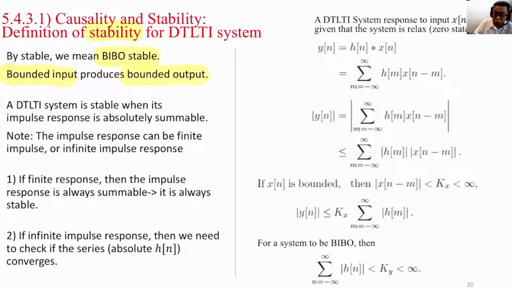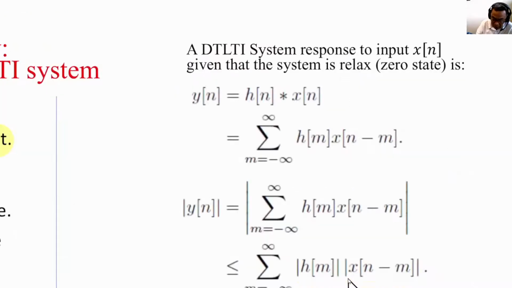In this slide, we'll show that a BIBO system is verified by checking its impulse response. If the impulse response is absolutely summable, then it will show that our system is BIBO. Let us see why this is so. We begin with the convolution equation, and all we are given is that x of n is bounded.